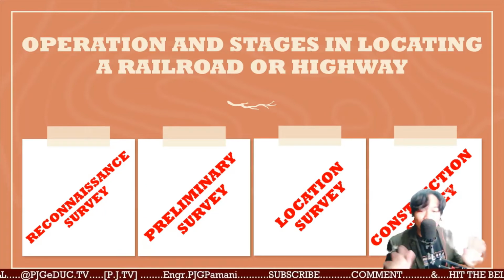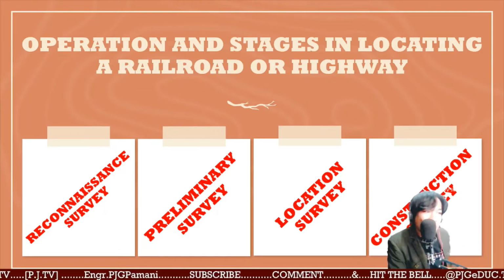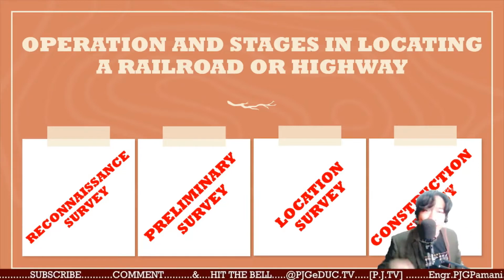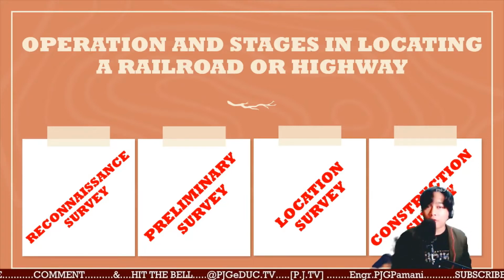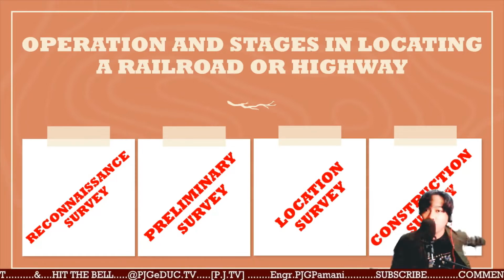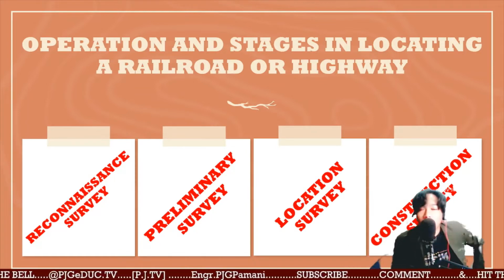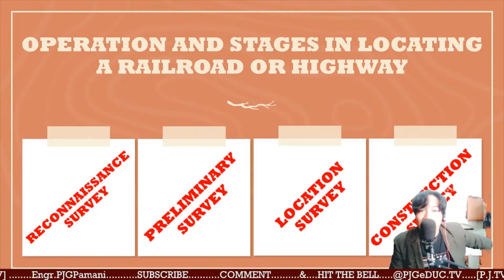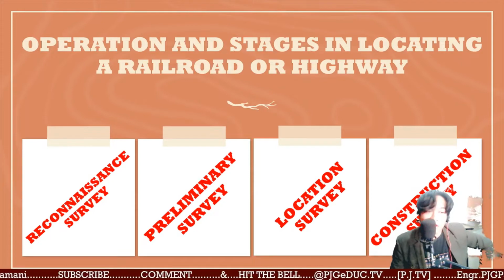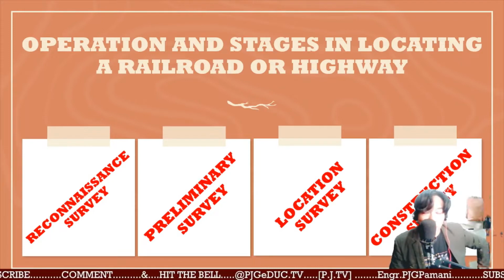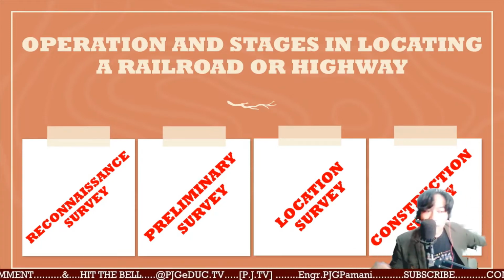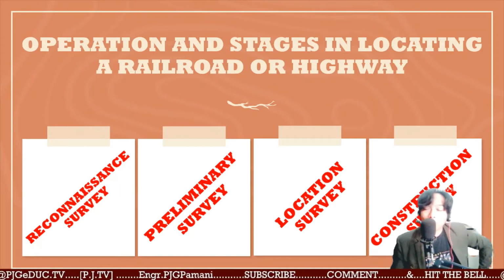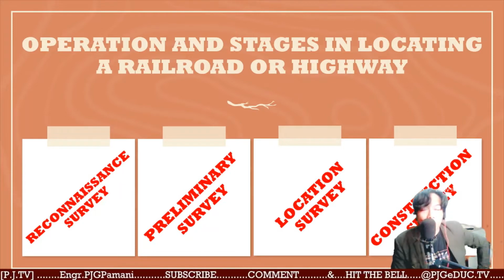In these four stages, we will be able to identify whether a specific location is suitable for us to place two, three, four, or more lanes for the specific volume of vehicles that will pass through those highways or railroads, and what types of curvature we are going to use in designing those roadways.